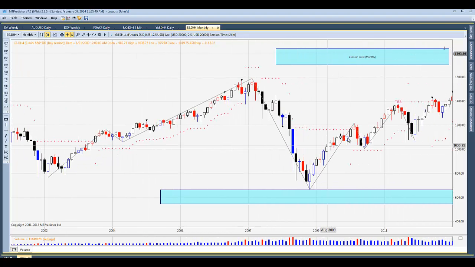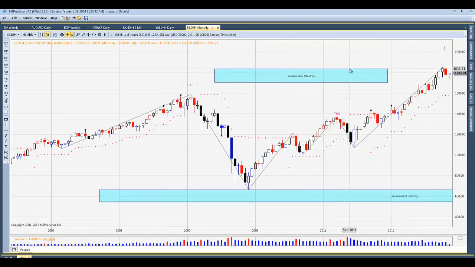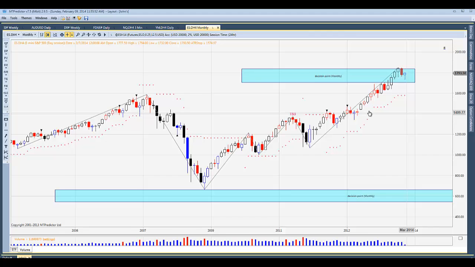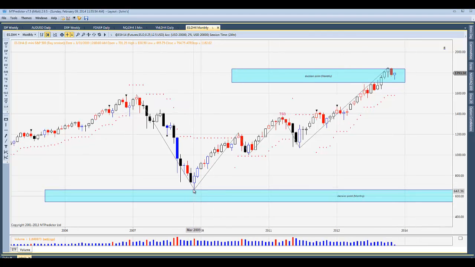While the market went through its corrections, we did make it into this monthly decision point level, and just as the market turned at this level, we would anticipate the market should correct here. And we began to get that correction.